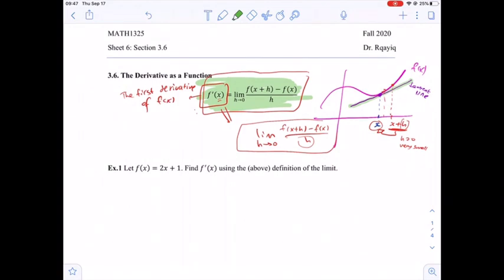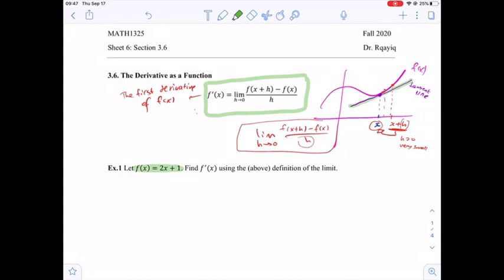Let's try to find the derivative of the function f of x equals 2x plus 1. For now, we only have this definition. We don't know anything about rules, and later we will learn some rules so that we don't need to use this limit and compute it as we learned before.